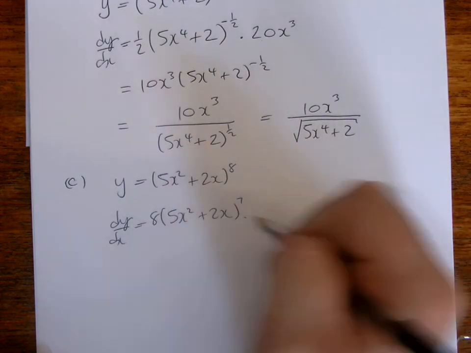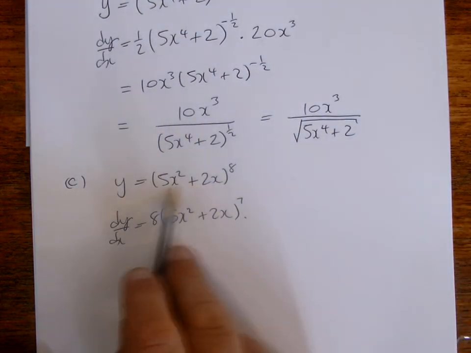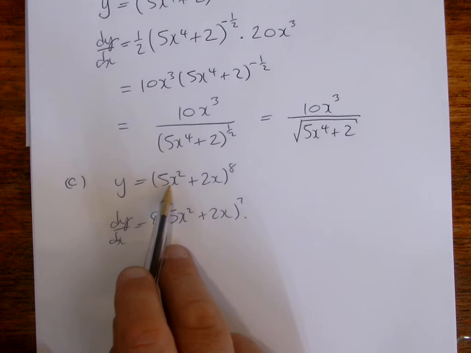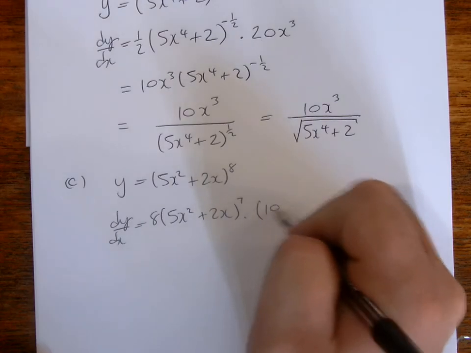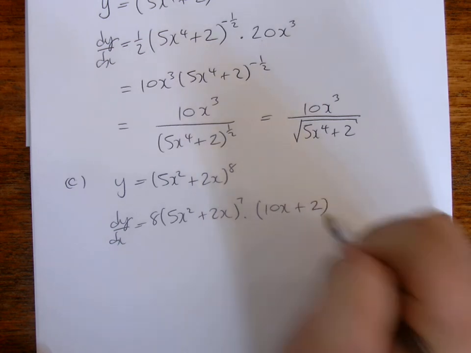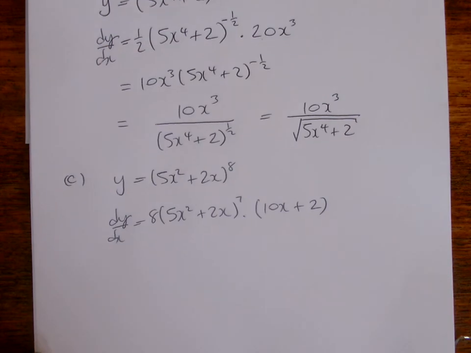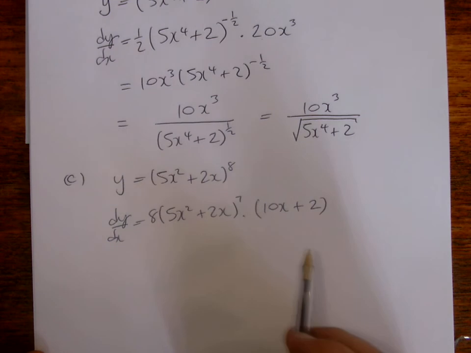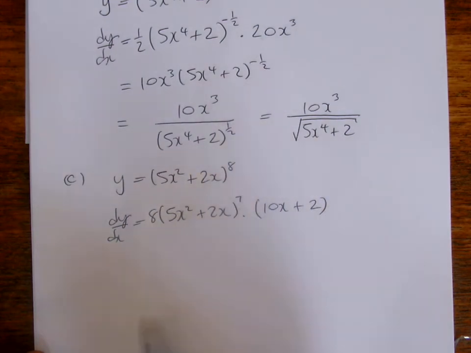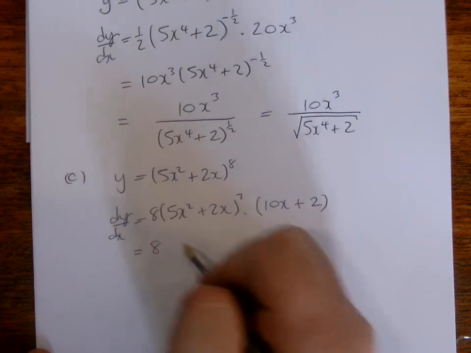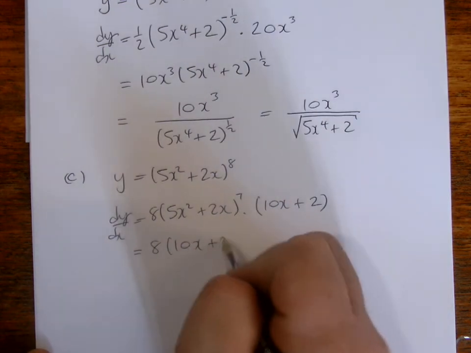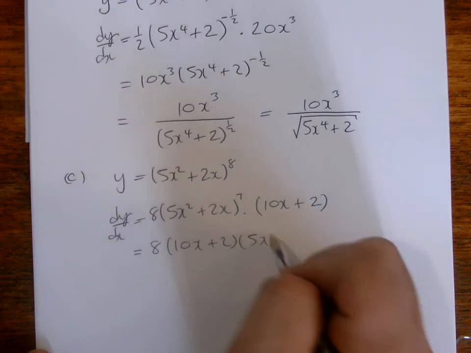And then you've got to times it by the derivative in there. If you differentiate this, that becomes 10x, that becomes 2, so you get 2 terms, 10x plus 2. We could times it by 2 terms, so you need to put that in a bracket, and then we have that bracket in front, and put the bracket with a power at the end.